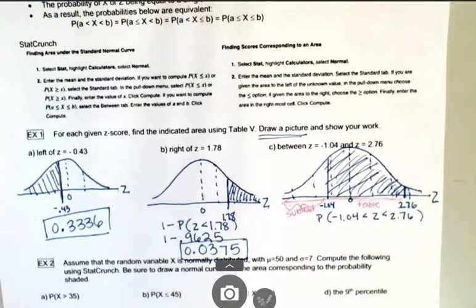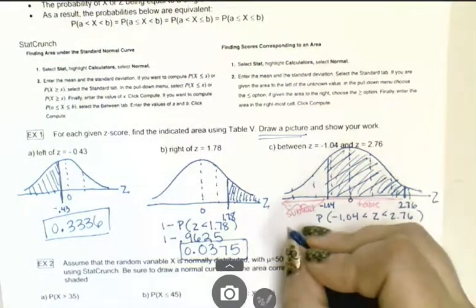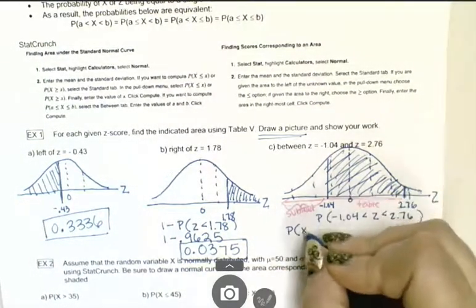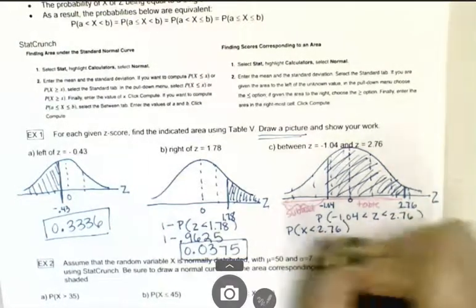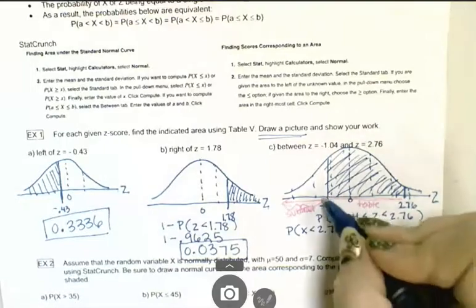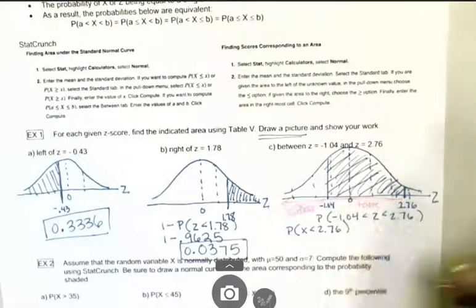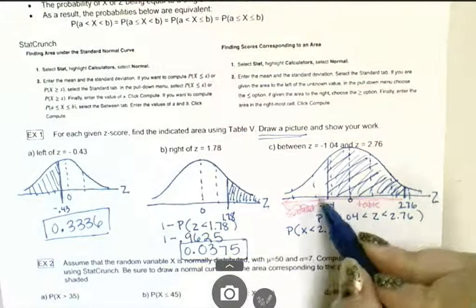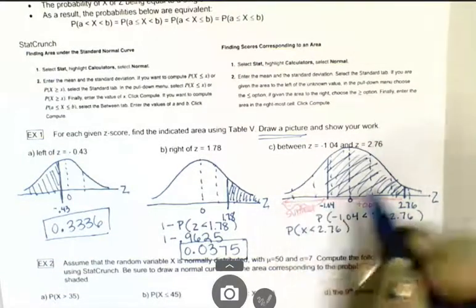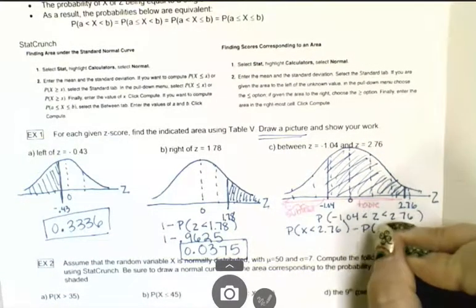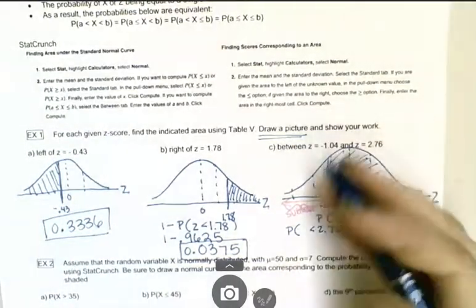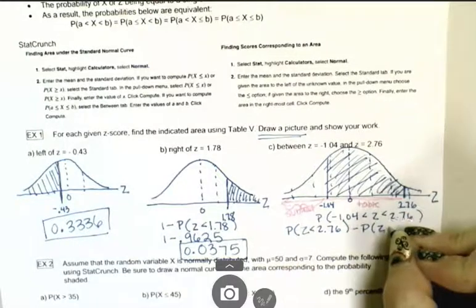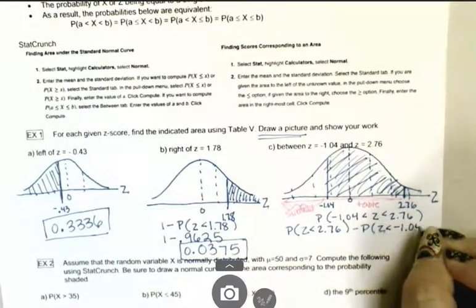So my work here is going to say that I'm going to take the probability of x being less than 2.76, so to the left of that, and then I'm going to subtract out, you can see it on the picture, I'm going to subtract out this, which is the probability of, oops, I put x there and I didn't catch it, but now I did, of z being less than -1.04.